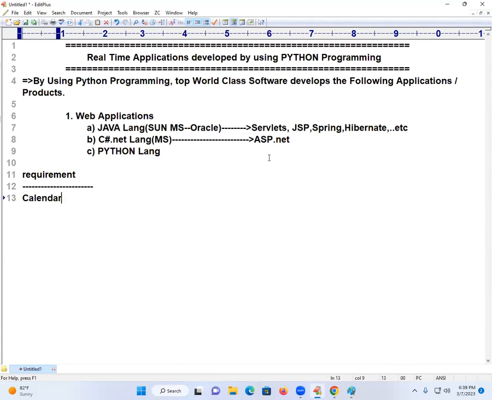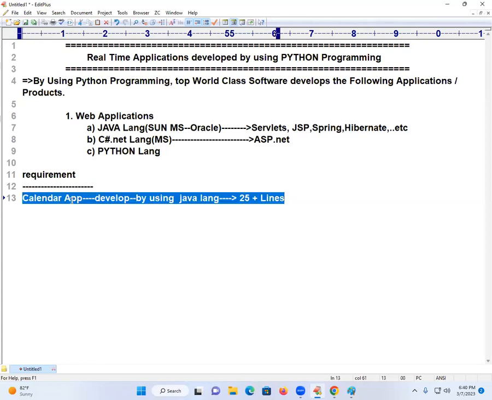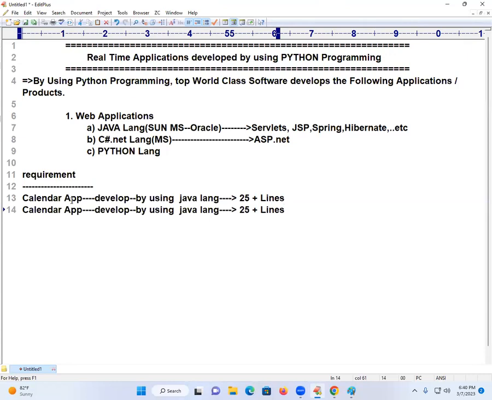When you go to some website, a calendar will be there or not? That calendar, I want to develop by using which language? Java language. If I develop a calendar application using Java, minimum I need to write around 25 plus lines of code, compulsory. When you go to the same calendar application by using what?